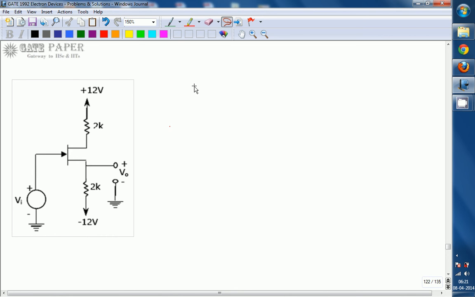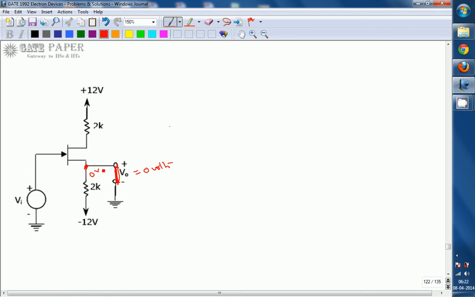So for the B bit, if V0 is equal to 0 volts, V0 is directly connected to ground. That is nothing but V0 is 0 volts. At this point itself you are getting it as 0 volts.